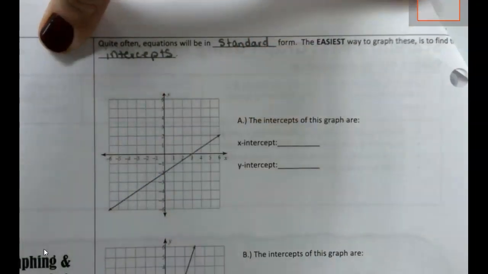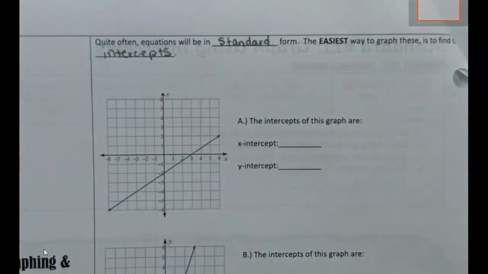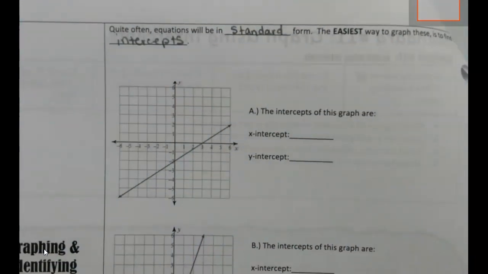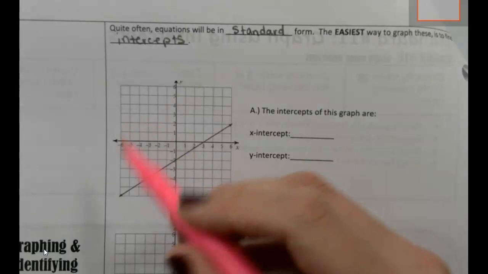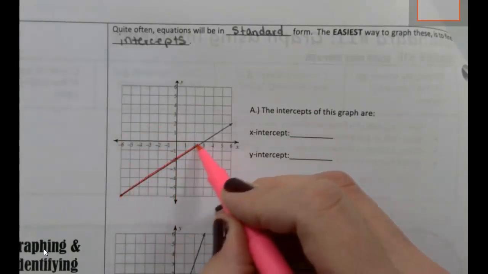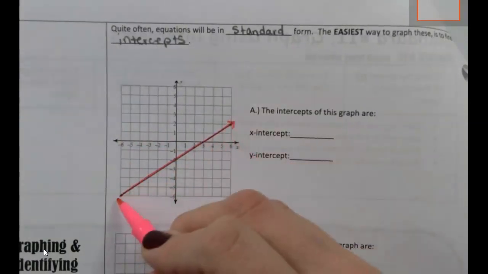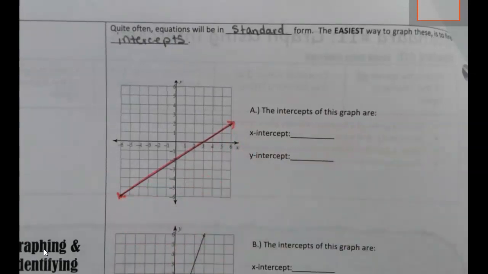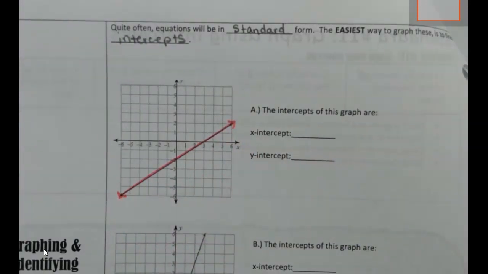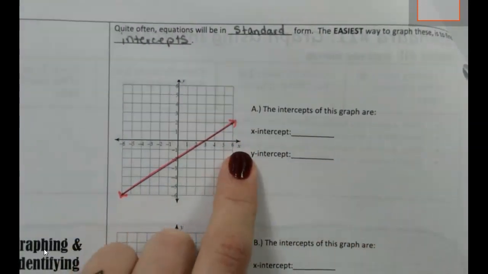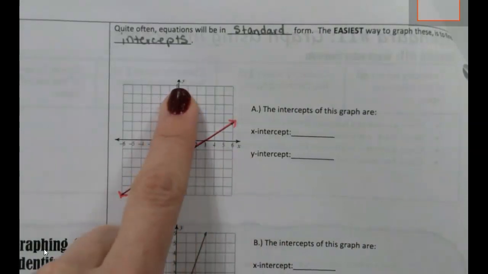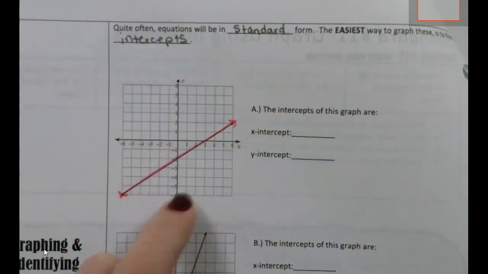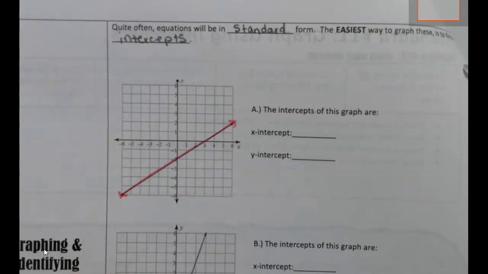Now, the word intercept is very close to the word intersect. So what we're looking for is our line, which is this one. We're just going to identify, as our level 1, where our line intersects the x-axis, and where does it intersect the y-axis? And that's going to be our x and y intercept.